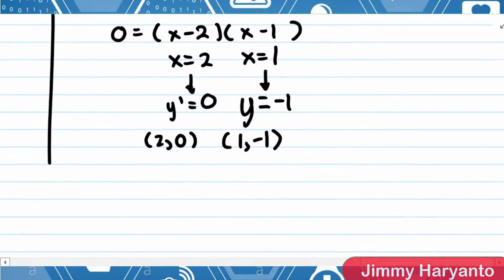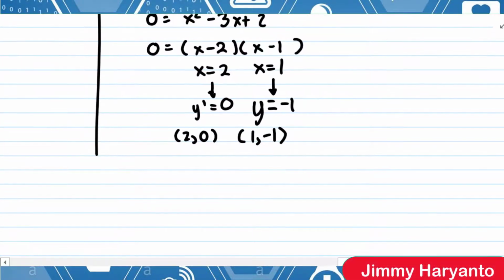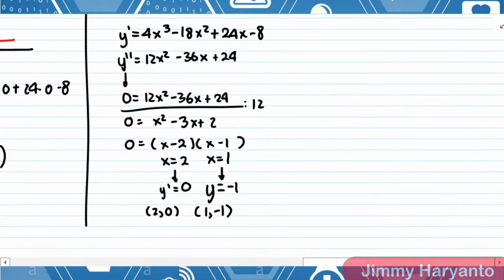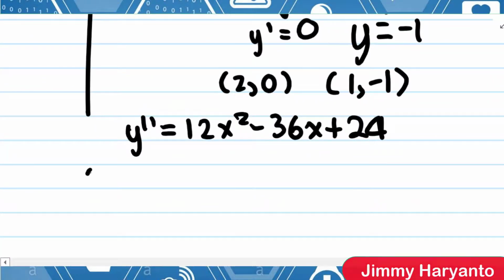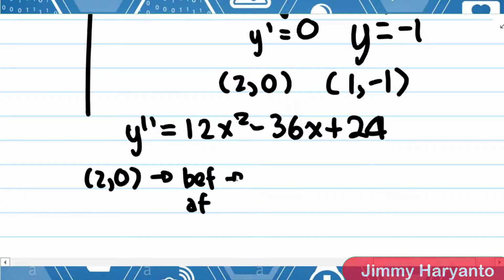Yeah, we have to go to the second condition. The second condition is the change of value of y double accent. For the y double accent, we already have 12x squared minus 36x plus 24. For (2, 0), before and after. Before x equals 1, after x equals, we cannot use 1, yeah, 1.5.